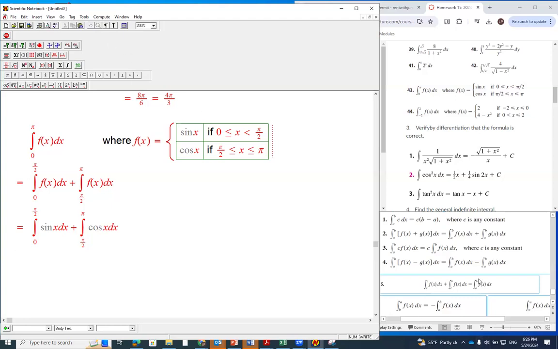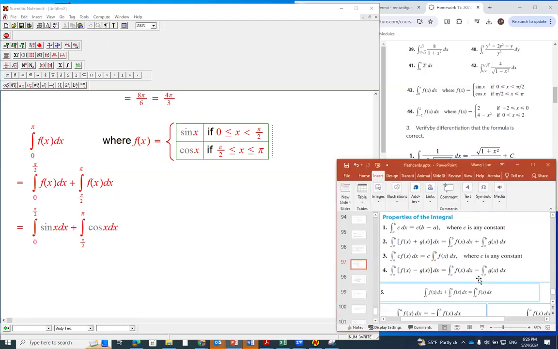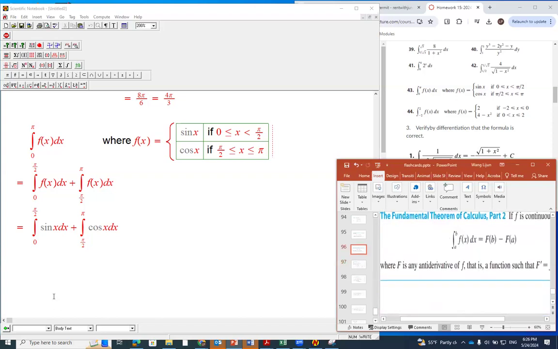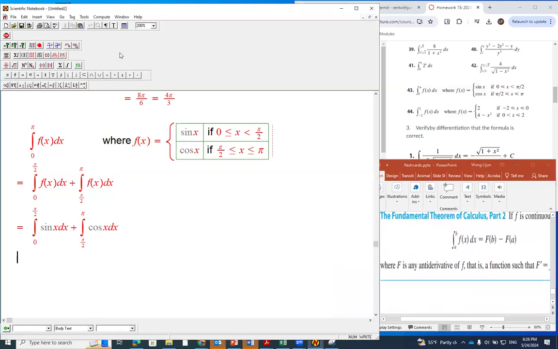And then we go to the fundamental theorem of calculus, part 2. So what do we get? The antiderivative of sine is negative cosine, evaluated at 0 on the bottom, pi over 2 on the top.